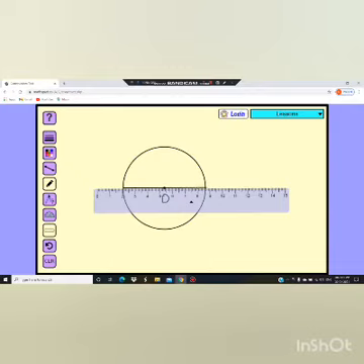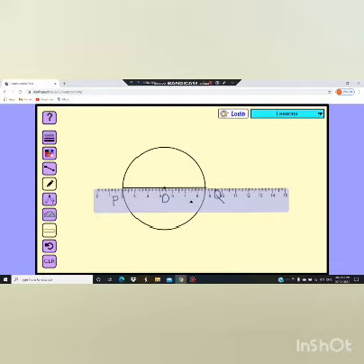Is it clear? Name it as A, this is your point P and this is point Q. Okay. Now through the point P and through the point Q, we have to draw a tangent.